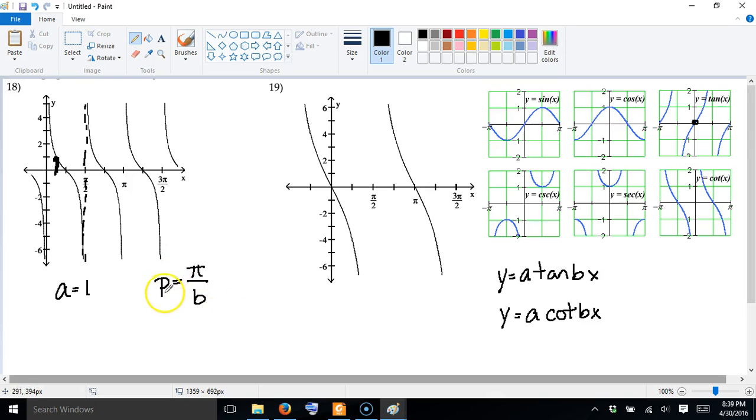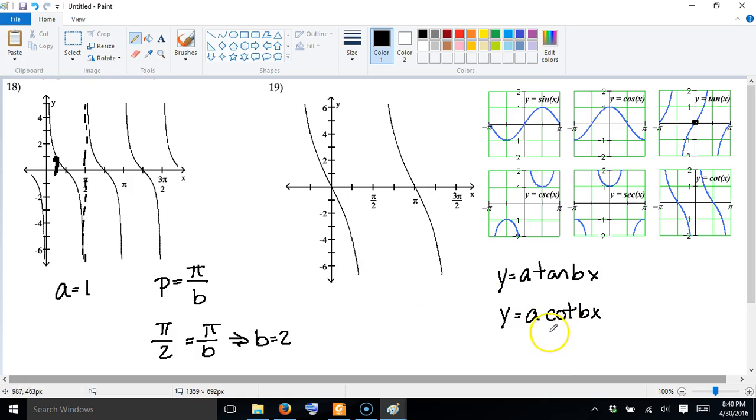So to find the value of b, our period of our function, one full period, meaning just the first portion, the distance of the first portion that repeats itself over and over throughout the graph, is this right here, and it ends at pi over 2. So from 0 to pi over 2, that length is pi over 2. So you can see that the value of b here, if we solve this, is equal to 2.